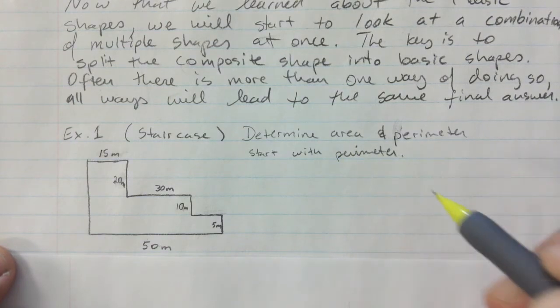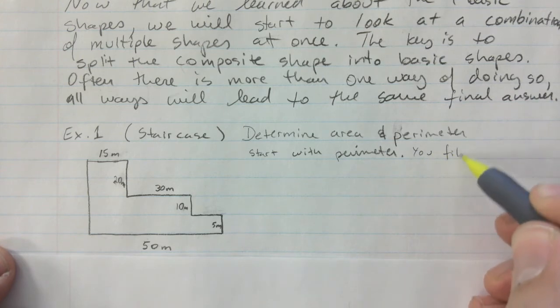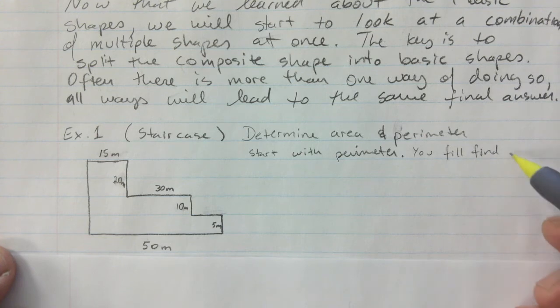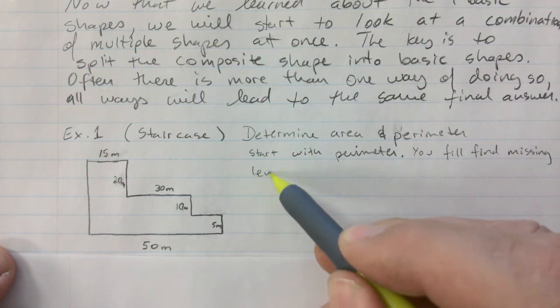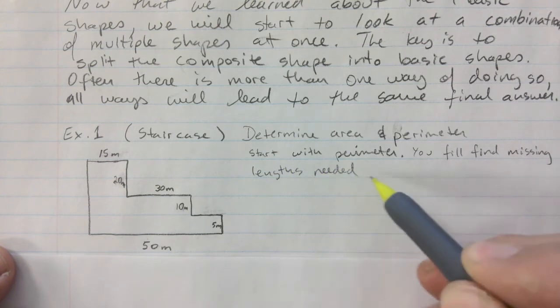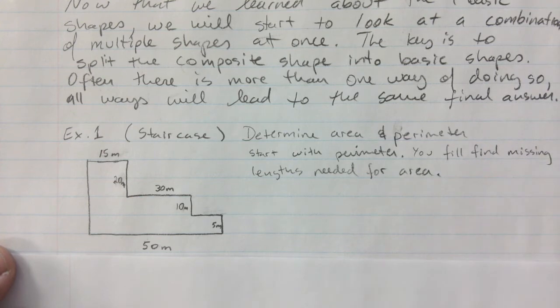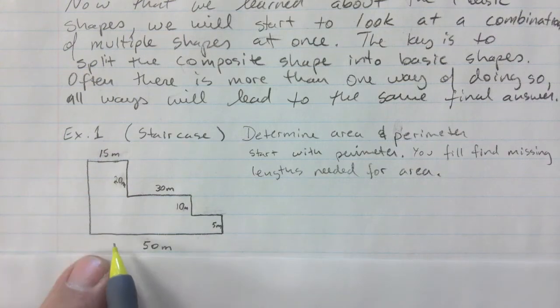You don't have to, but you will find missing lengths needed for the area. Okay, that's my reasoning behind it. Start with the perimeter, then you'll find the missing lengths that are needed to find the area of this thing to begin with.